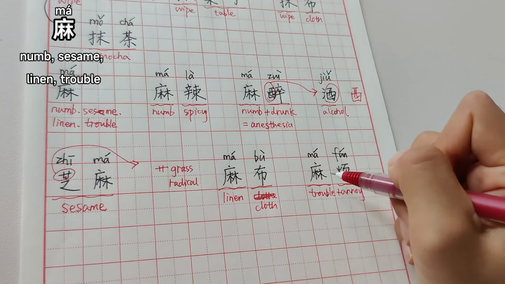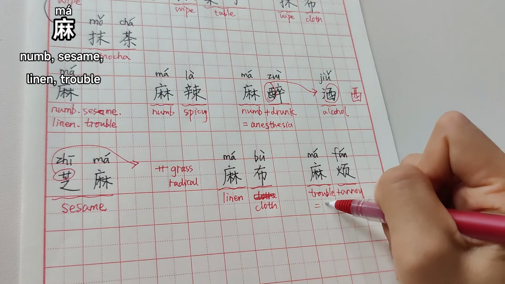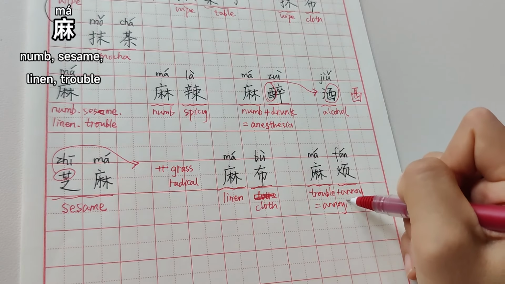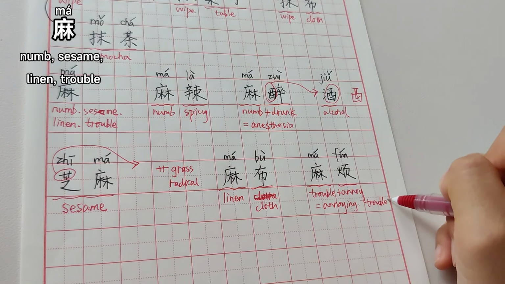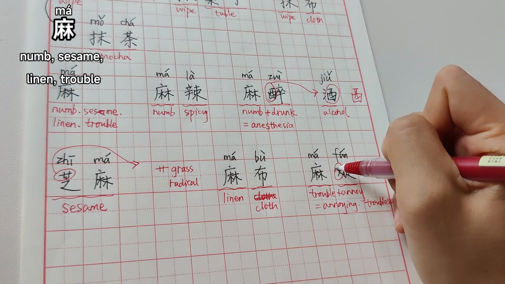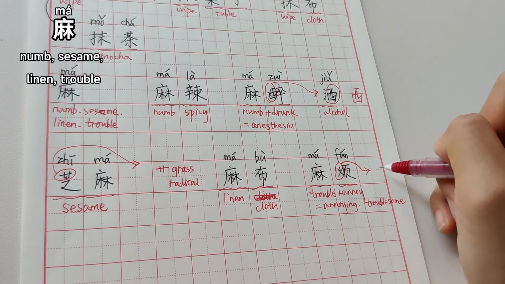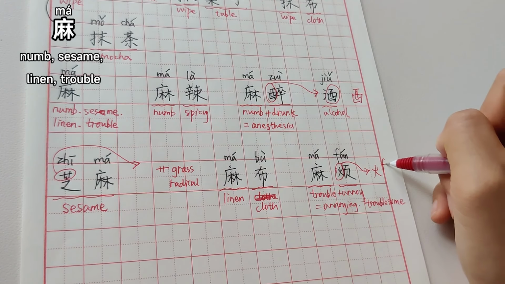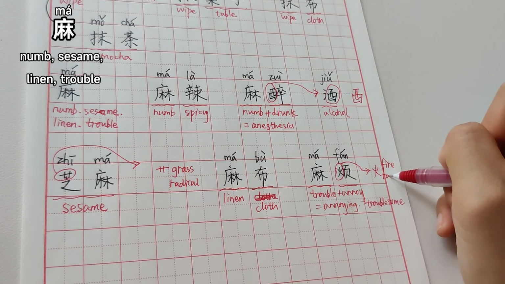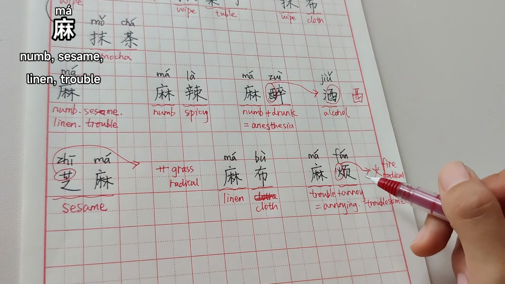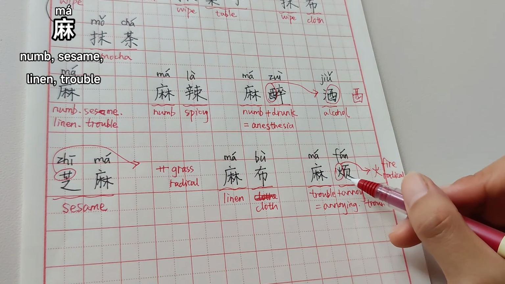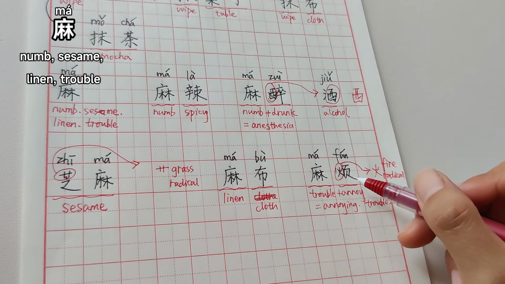So, 麻烦, it just means annoying, troublesome, etc. And if you notice, here we have a fire radical on the left side of the fan. Because when you are annoyed, it feels like there's a fire burning in your brain.